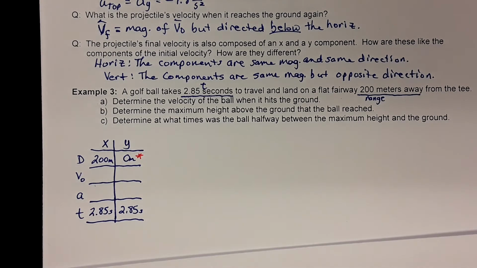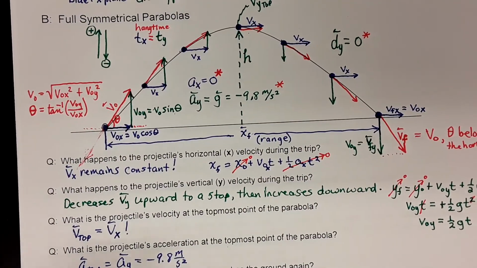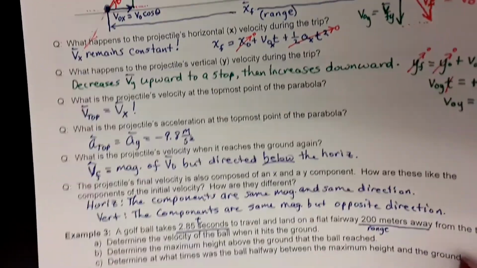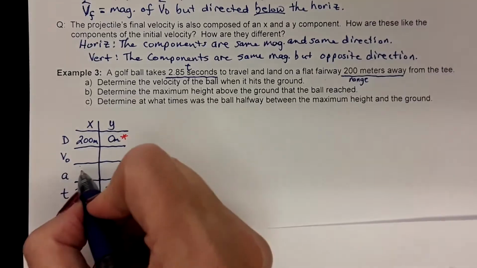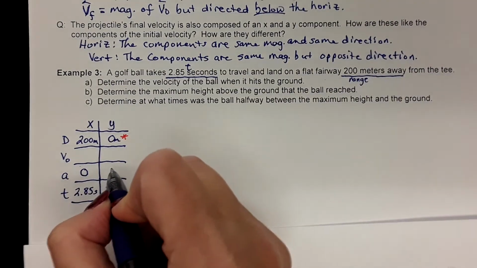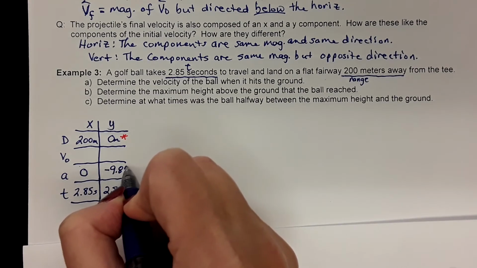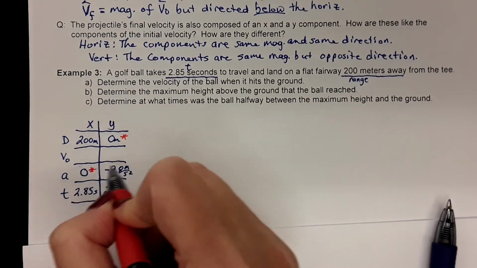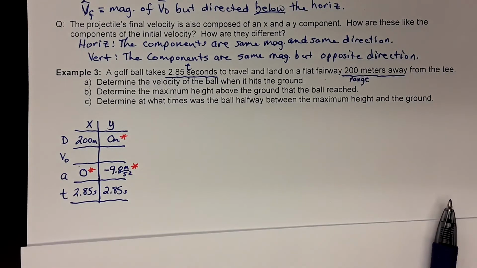All right, now, what else do we know? Well, let's go back up to the picture. Oh, look, right here. These two pieces of information, the accelerations. So let's write those down. Horizontally, there is none. Vertically, it points down, so we'll put a negative on it, and it's that due to gravity. I'm going to put a little star right there so we can always see what our inferred information is. I'm not saying you have to put a star on it all the time.